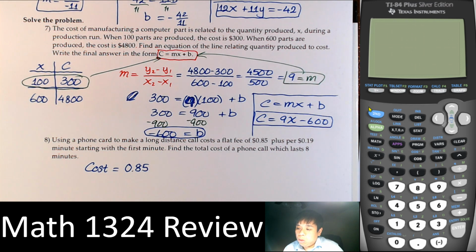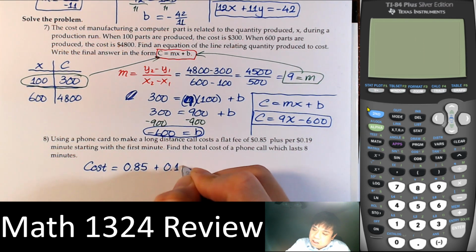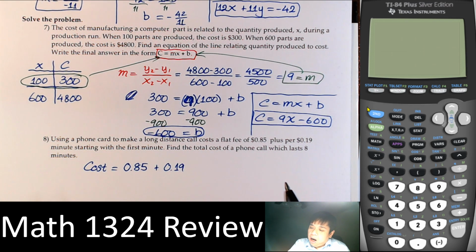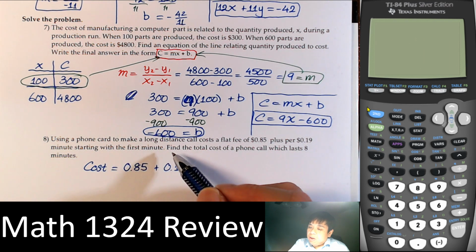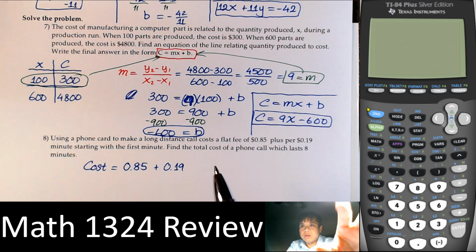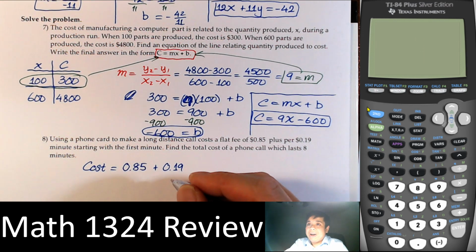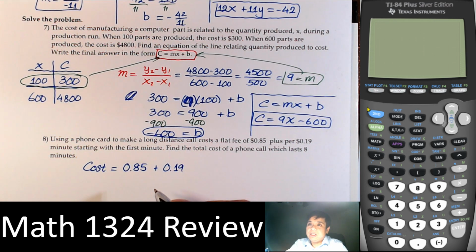Right, so you pay that, and then you have 19 cents. Starting with the first minute means when you start the call, you have to pay 85 cents already, and even if you talk 1 second, you still have to pay the full minute.